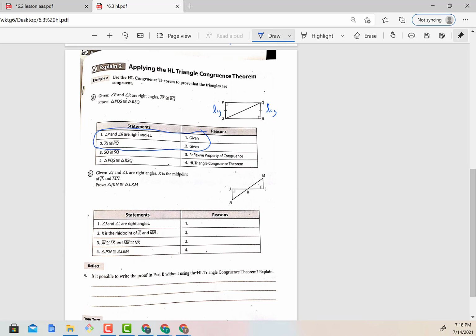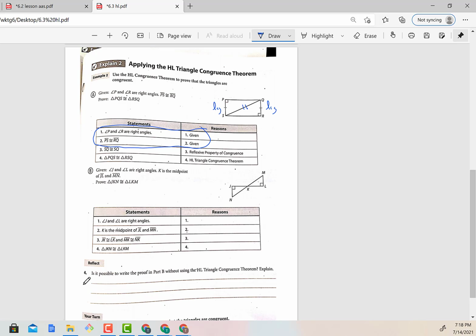So we have a congruent leg. And then we can see the hypotenuse, just like the one we just did. They both have the same hypotenuse, segment SQ. So segment SQ is congruent to itself. That's called the reflexive property. And at that point, that's enough information to prove the two triangles are congruent by HL.